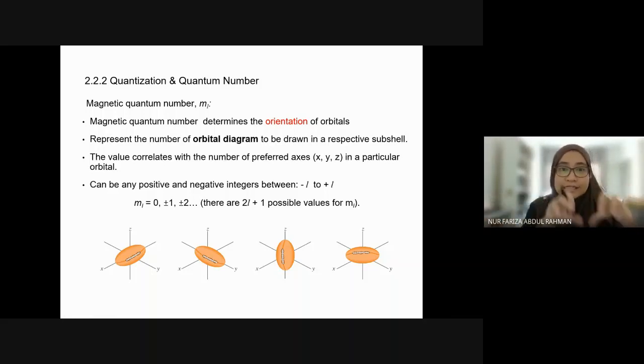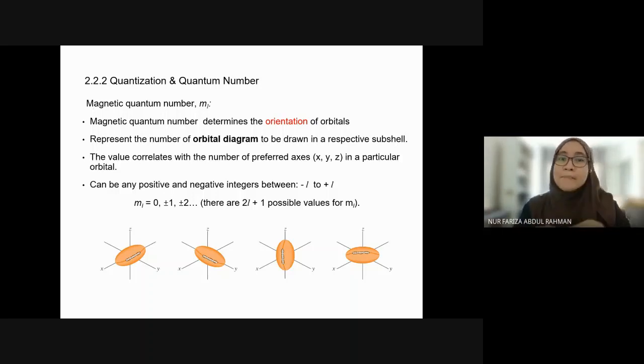So how do we assign the coordinate of all the 11 electrons in the sodium atom? We are going to be using this quantum number. Now we are learning how to assign quantum numbers. Later, with the electrons, you should be assigning the quantum number for each electron. That's why it is important to really understand it.